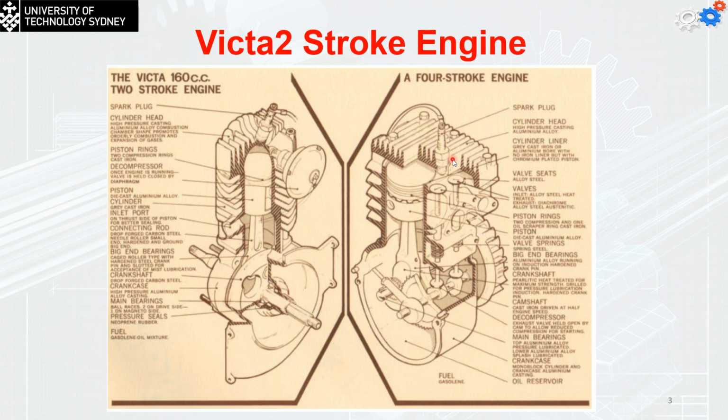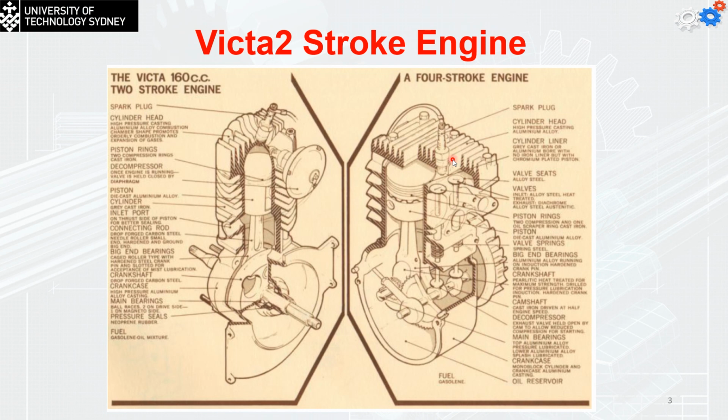The product we're talking about today is the Victa two-stroke engine, a very popular Australian product which has been running for the past 70 years. The company was purely Australian until 2008. It's been sold to an American firm which makes grass mowers.